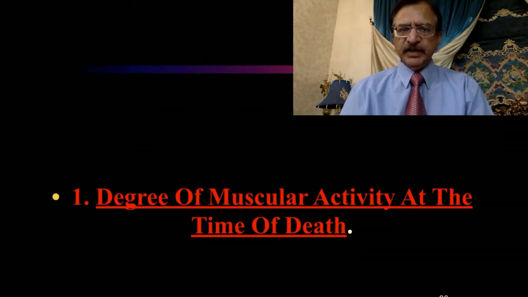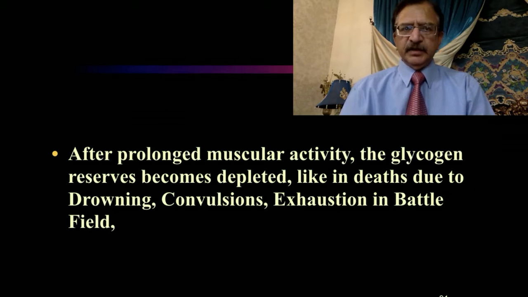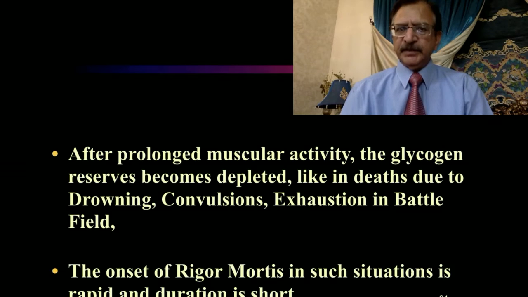So degree of muscular activity at the time of death means that if a person is having a prolonged muscular activity, the glycogen reserves may be depleted, like the deaths due to drowning, convulsions, or exhaustion of an army man in a battlefield. Because of prolonged activity, his glycogen reserves have been depleted.